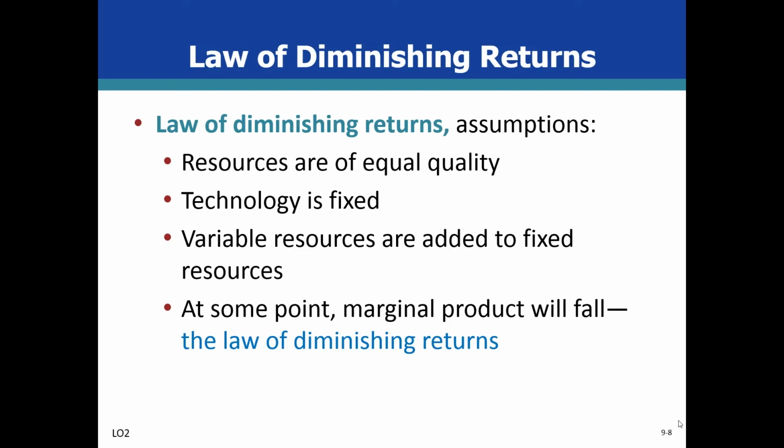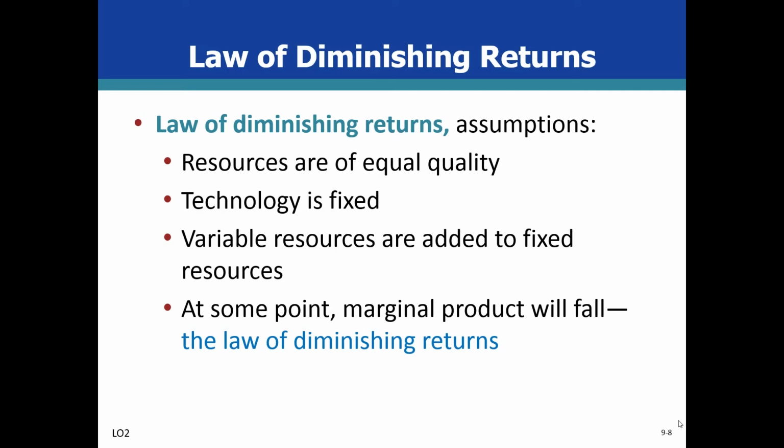And when we continue to add people to the process in order to produce more and more output, at some point in time, the marginal product, that is the incremental product by adding an incremental unit of labor, is going to fall.